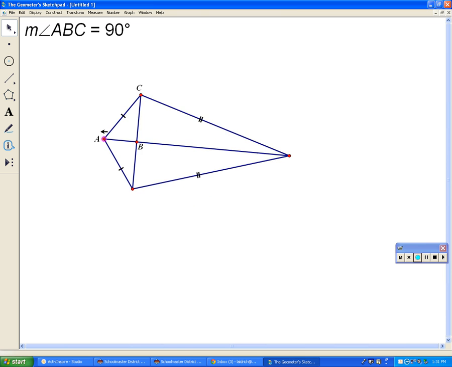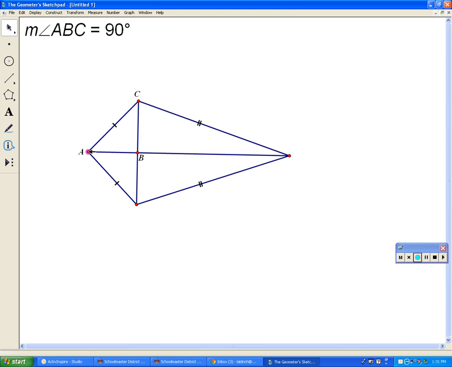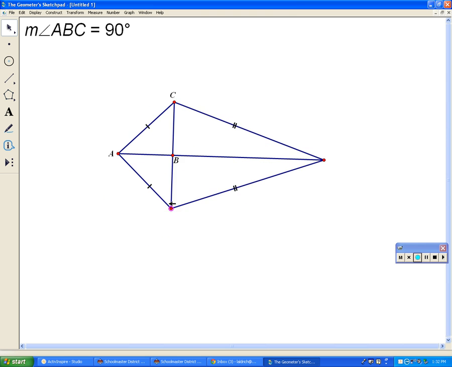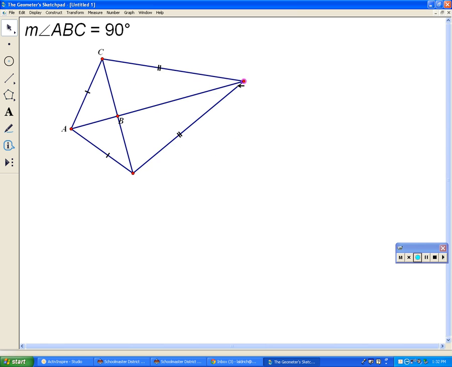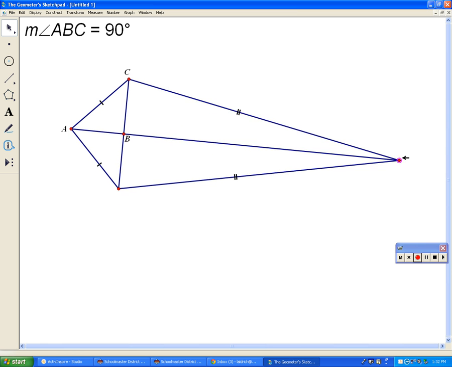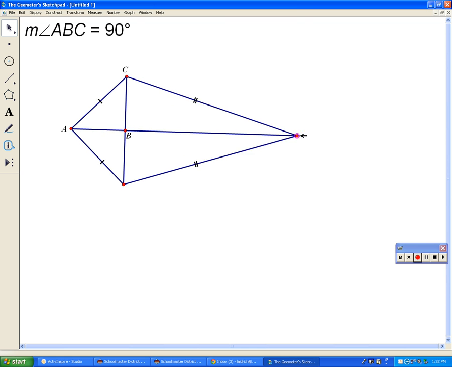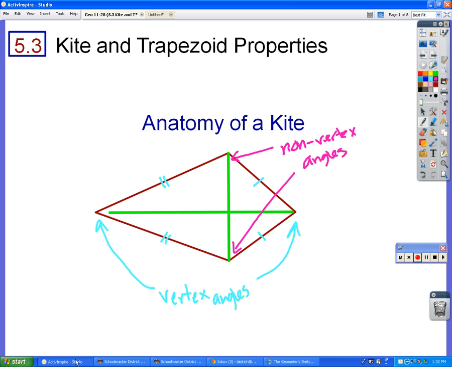And if I shift this around and make it a kite of a different shape or whatever, you can see that the measure of that angle does not change. Okay? I haven't proven anything, but we're just going to go with what appears to be true.